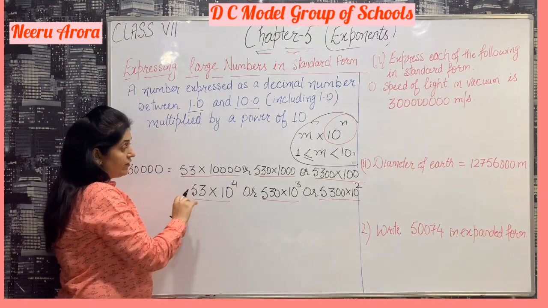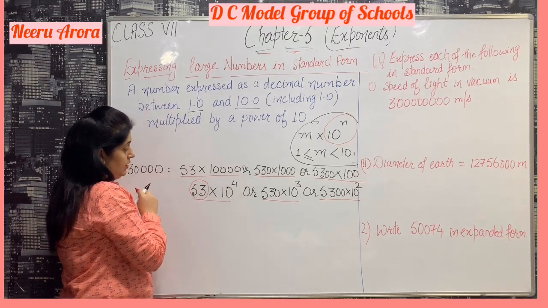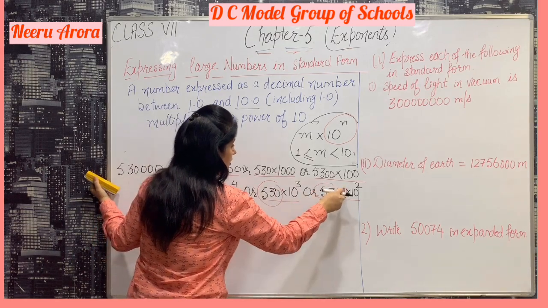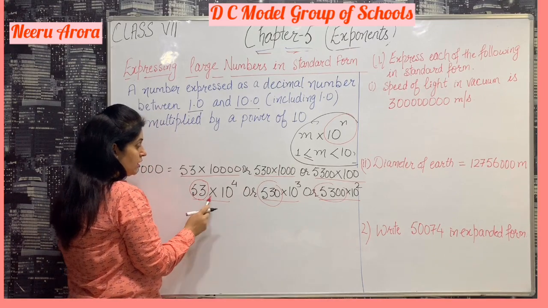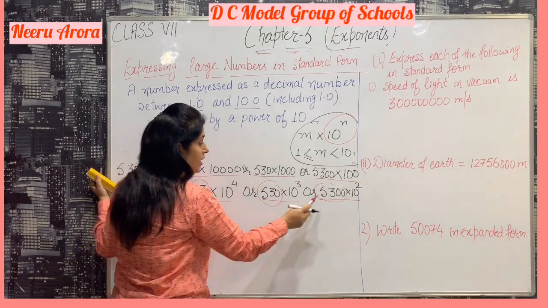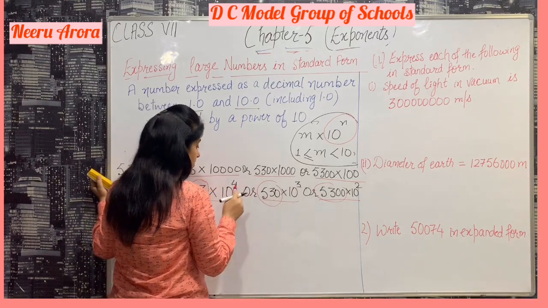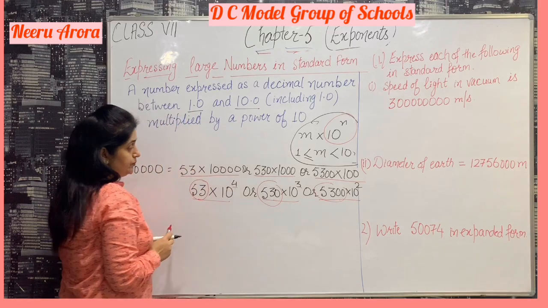First, what we have observed from this number is, as the value of this part increases, our power reduces. Here it is 53, here it becomes 530, here it becomes 5300. But the power decreases. Here power 4, here power 3, here power 2.